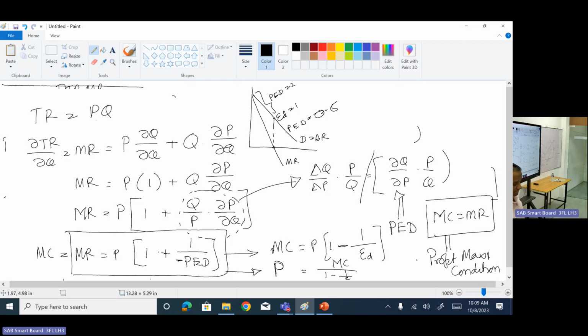From the cost function I will also give some tutorials. You can discuss with your group, and if there are any questions or anything difficult, you can ask me.